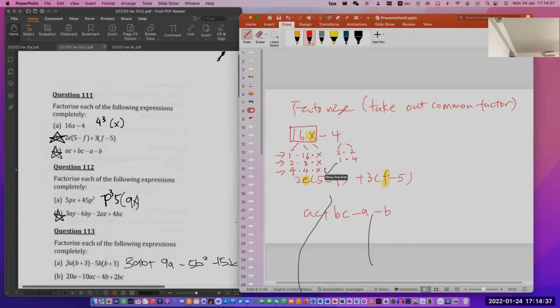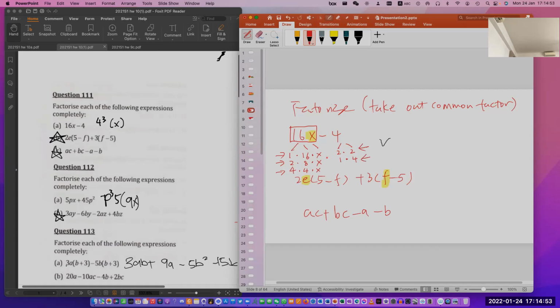Okay, the last one. Good. If you choose the last one for 16x, then which pair do you choose for this 4? You choose the first one.